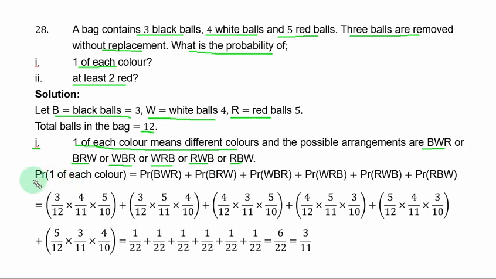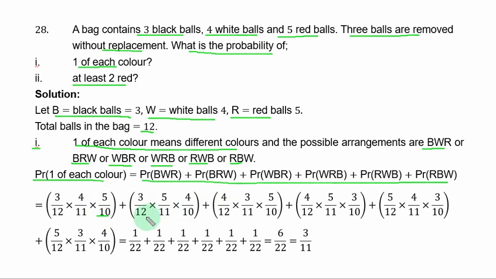So probability of 1 of each color is equal to the sum of the probabilities of the various possible arrangements. Remember, without replacement. So the first one, black there, is 3 over total 12, times white is 4 over 11 because you have picked black earlier, times red 5 over 10.